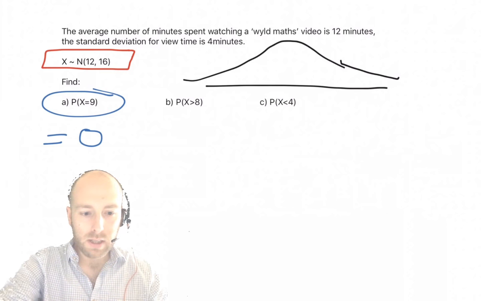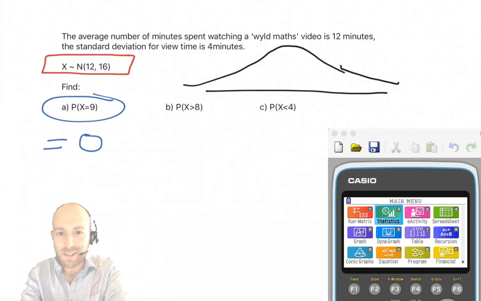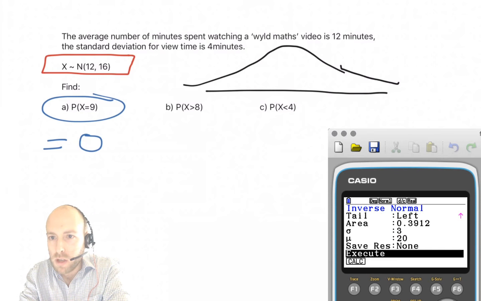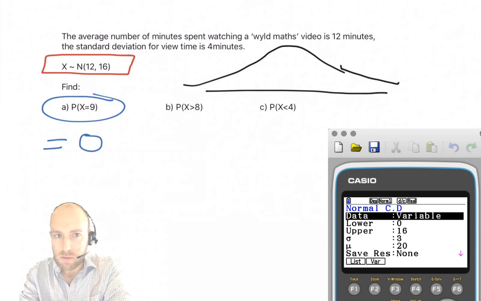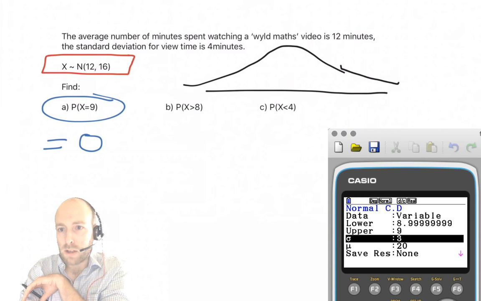And I can show you that on the calculator. So if I bring up this calculator, if you go to statistics mode, go to distribution, which is F5, normal. So we're trying to look for 9. I'm going to go from 8.99999 up to 9.000001, so I'm trying to approximate as close as I can something that will round to 9.